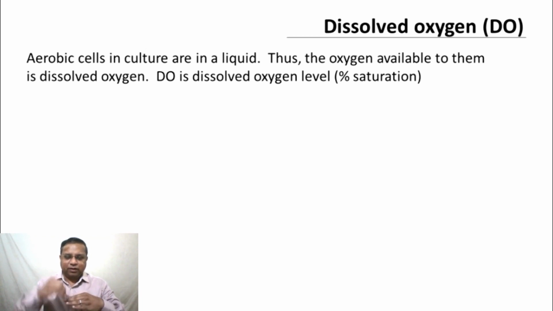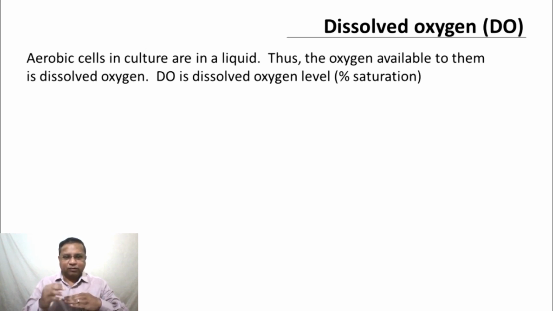Microscopically speaking, there is a rate at which oxygen molecules move from the gas phase to the liquid phase, and there is a rate at which the oxygen molecules move from the liquid phase to the gas phase. Both keep happening, and at a certain stage, the rate of oxygen molecule movement from the gas phase to the liquid phase equals the rate of movement from the liquid phase to the gas phase. This is the condition we call equilibrium.